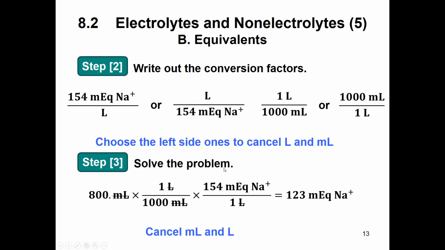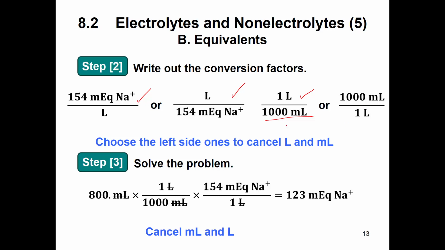First, you know that you've got 154 milliequivalents of sodium per liter, and since that is a concentration, you can write it either upside down or right side up. You also know that there are 1,000 milliliters in 1 liter, either way, right?